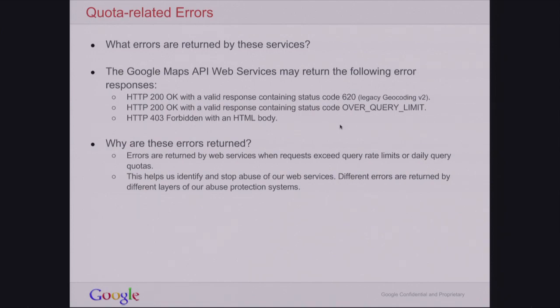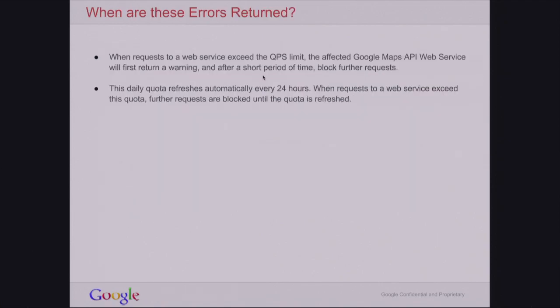So one of the main reasons why we return these errors is so that we can prevent abuse of the web services and also to identify any design that intends to repurpose the use of the API, which may be in violation of the terms of service. Now, when you start sending requests for a particular web service API, for example, geocoding, and you start sending more than 10 requests within 1 second, you'll be hitting the QPS limit very soon.